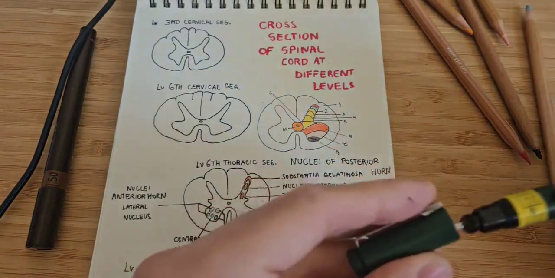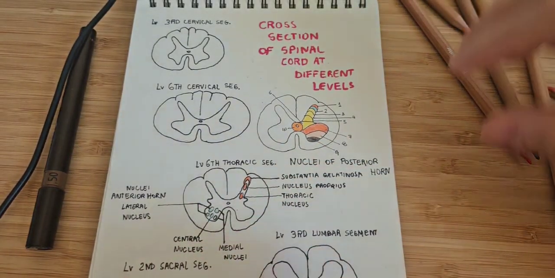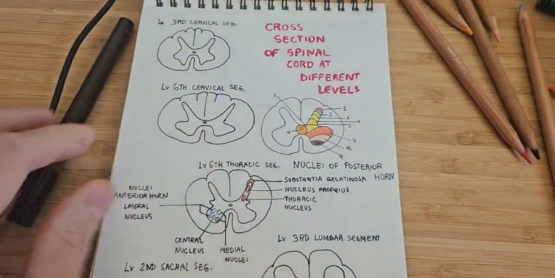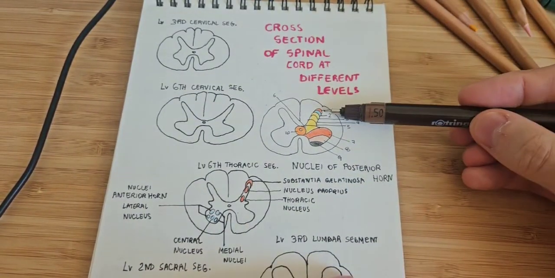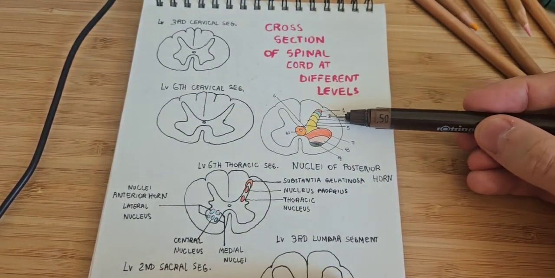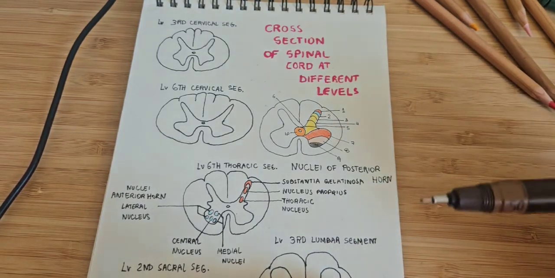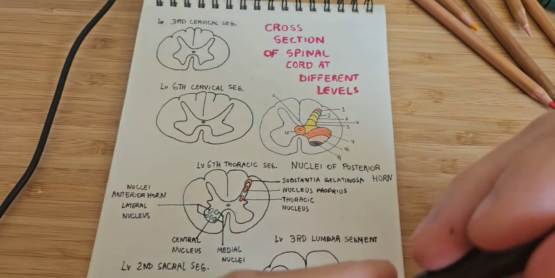So, clinically talking about the laminae. Dysfunction in the laminae 1 and 2 usually leads to altered pain perception or chronic pain syndromes.